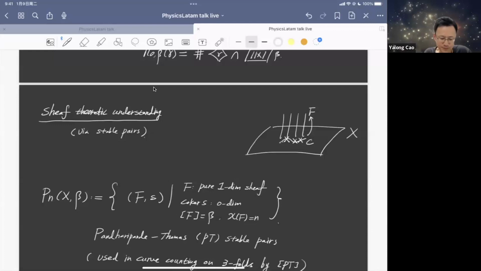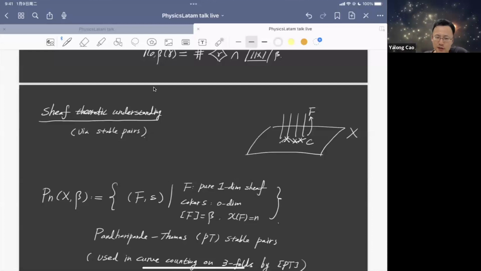But there's some algebraic geometric notion called coherent sheaf with certain dimension of support, and then you can talk about a one-dimensional sheaf, and also talk about subsheaves, and pure one-dimensional sheaf means you don't have a zero-dimensional subsheaf in this F. Maybe it's a little bit difficult to say more about this derived category anyway. So let's just ignore that part.